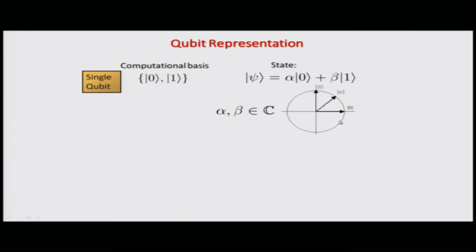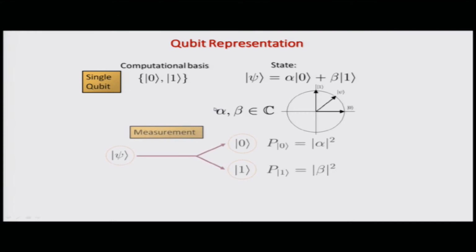Actually, in general, the first few points may not be exactly for just NMR, they can be for any case. A single qubit has the computational basis, which is given as the 0 and 1 representation, and that takes on to the states.